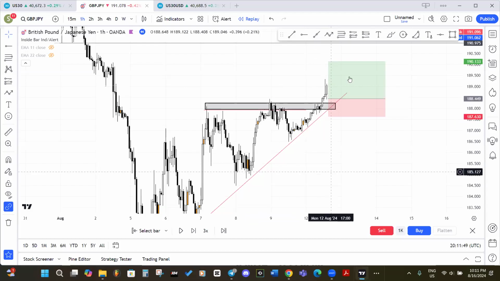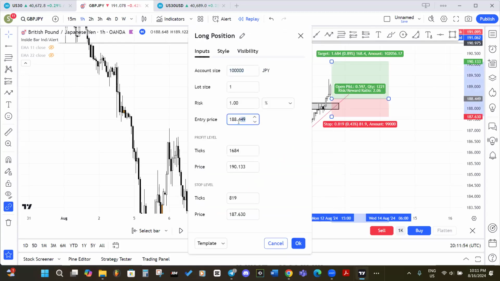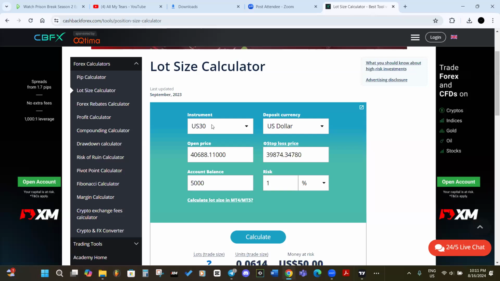All right, this is how I'm going to calculate my lot size. I'll copy the entry price, come here on this calculator, and paste it as the opening price.